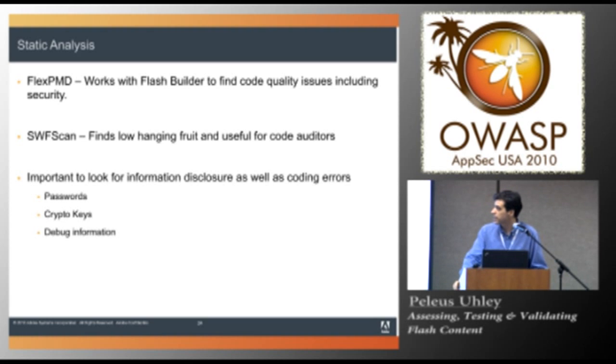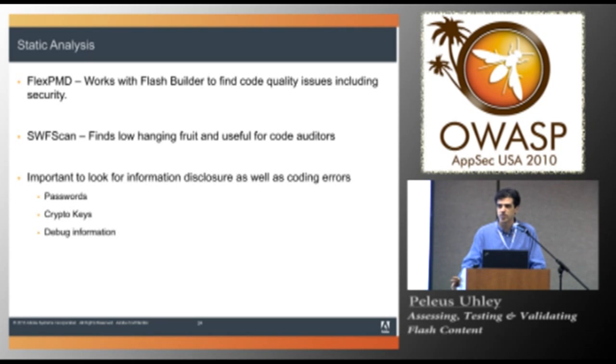There's this tool, SWFScan, which was published by HP. This is good for auditors. Developers tend not to like it, at least in my experience, because there tend to be more false positives, and the rules are geared towards erring on the side of caution. So it'll flag a lot of issues that are of interest to you if you're a security auditor, but they may not be of interest to you if you're the guy who actually wrote the code, because you already know what it does.